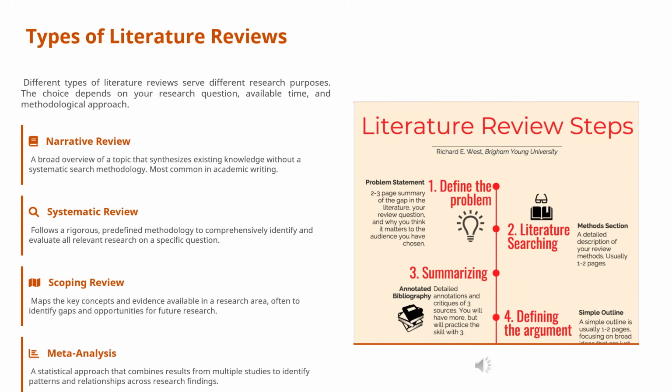Usually, the systematic review aims to minimize bias and provide reliable findings. Third, we have the scoping review. The scoping review usually maps the existing literature in a field, used to identify key concepts, theories, and research gaps.